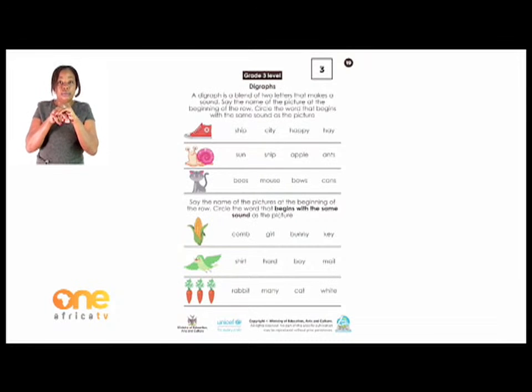The second picture there, check that picture. What is the name of that? Is it a sun, snip, apple? Then you find out the name of it, which is not here on the answers, but the sound, the first 2 letters of the name of this insect which is here, it is found on these 4 words. Which word is containing those 2 letters? And the third picture also, look at it.